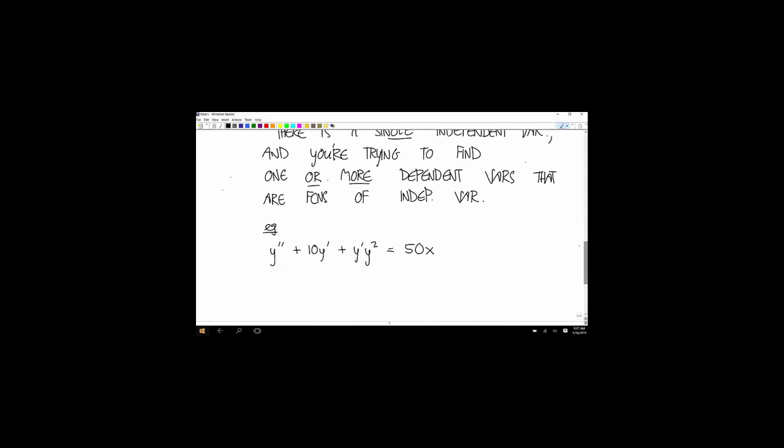So what are we trying to find here? In this case, x is the independent variable. There's only one of them. And we want to find y of x. How do we know that there's only one independent variable?